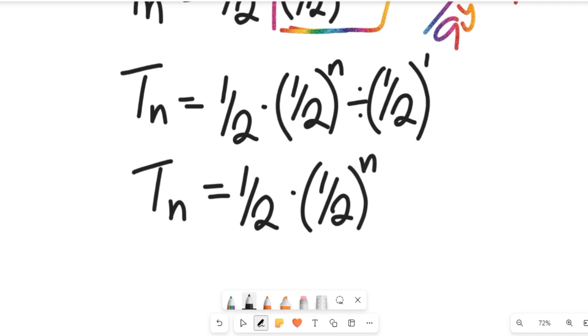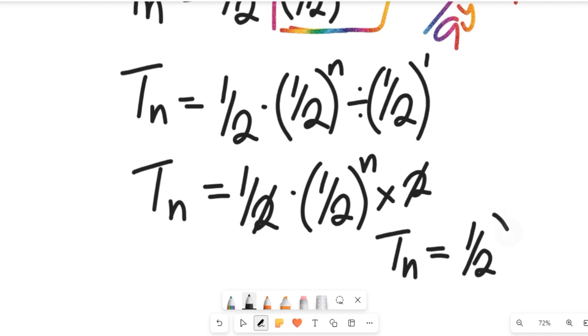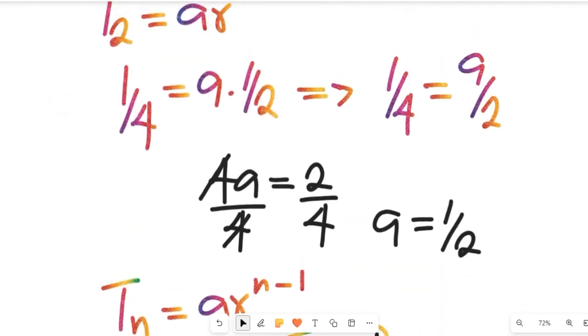While this is division, it will be multiplied by 2. So if this clears this, the nth term will be equal to 1 divided by 2 all to the power of n. And that is the value of the nth term in question B.